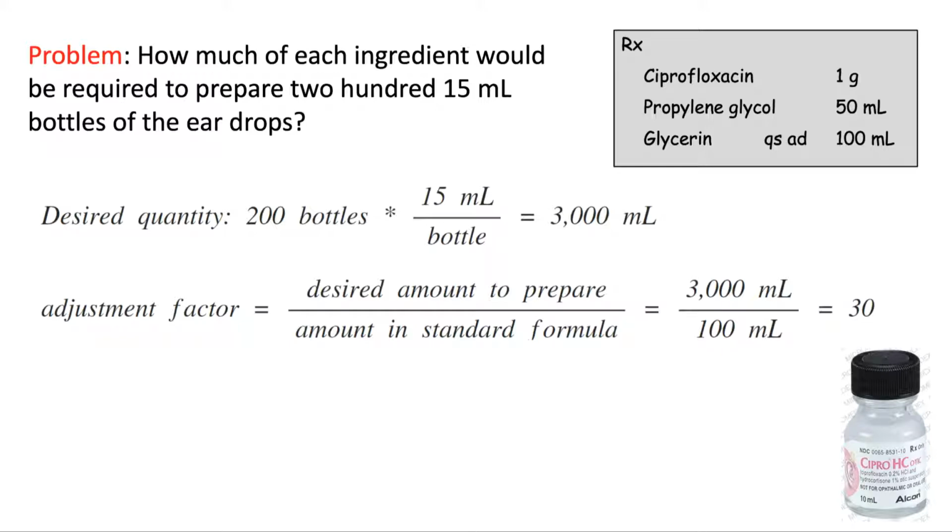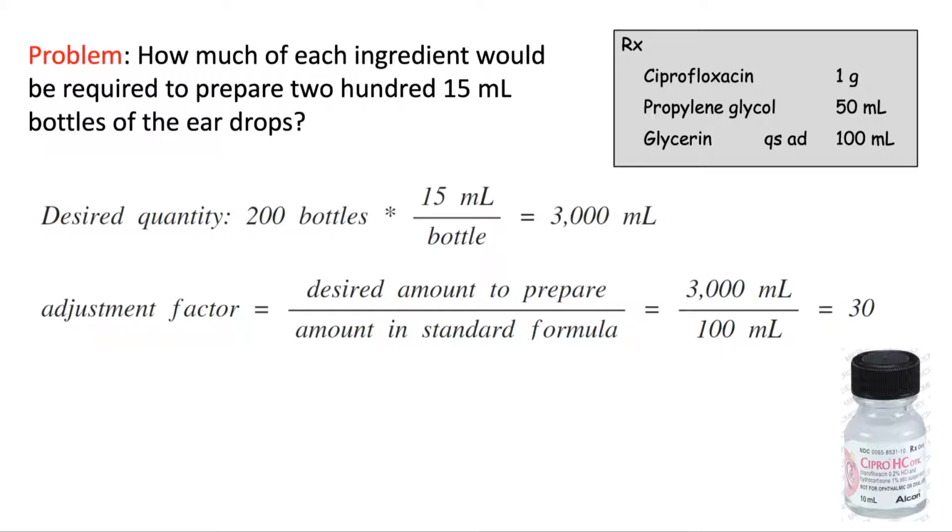So in this example, what we just calculated was the amount that we want is actually 3,000 milliliters. But the amounts of each ingredient in the formula are the amounts needed for a total volume of 100 milliliters. So the amount in the standard formula is 100 milliliters. So if you take 3,000 milliliters divided by 100 milliliters, you see that the units cancel, so our final value has no units, and 3,000 divided by 100 is 30.